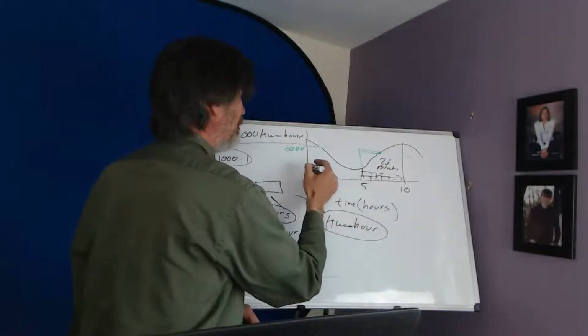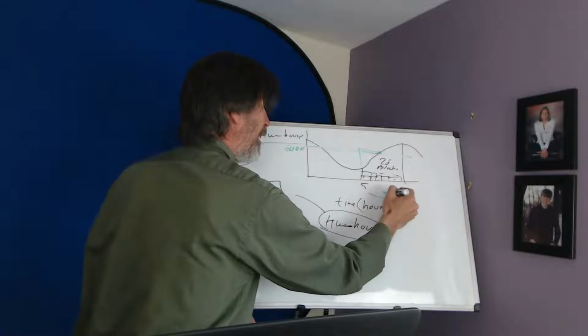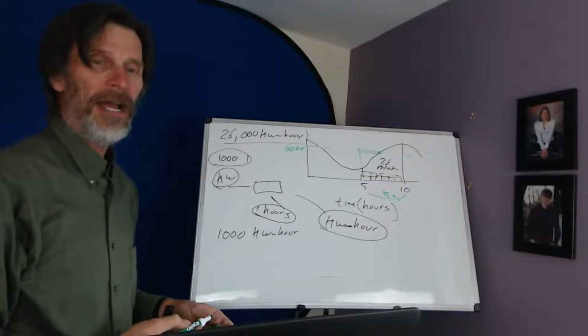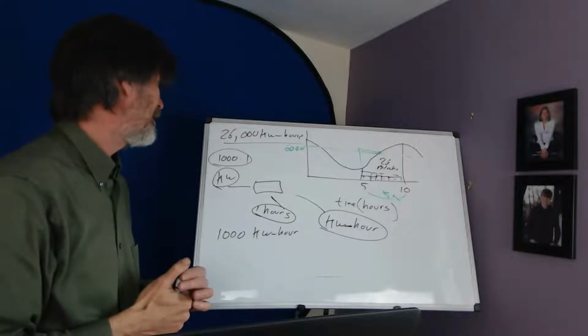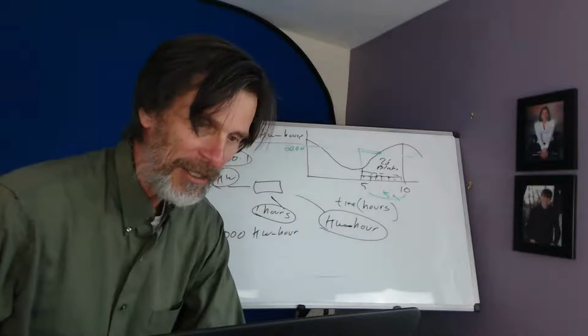And 6,000 kilowatts multiplied by a total of 5 hours, hey, that brings us back to about 30,000 kilowatt hours. So somewhere between 26 and 30, I think, would be a decent enough guess. And again, it's just an estimate.